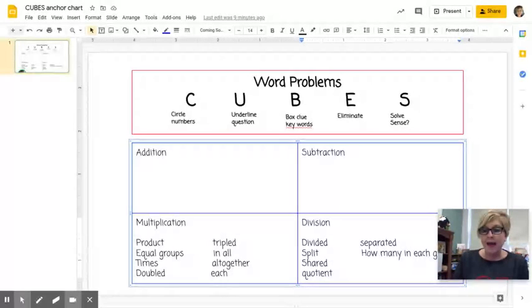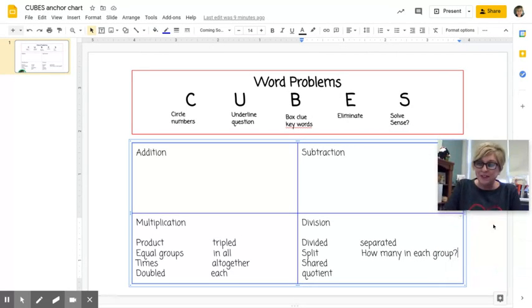Before we do that, I have our anchor chart pulled up as a review from the whole week. Yesterday, we added some words that help us with division. I'm going to move myself up. There we go. We talked about the words divided, split, shared, a quotient, which is the answer to a division problem, and the word separated.